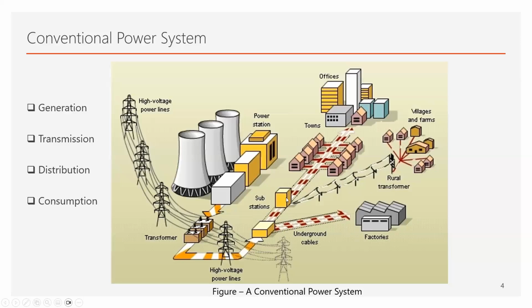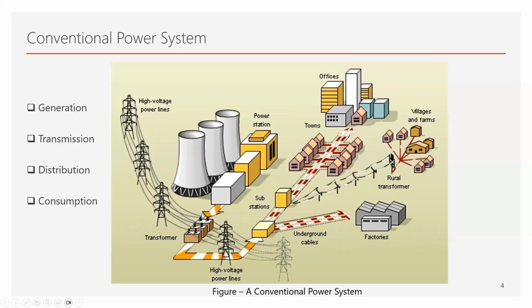From this substation, it delivers power to these residential areas, which are urban residential areas, and these offices. And from here, we carry this power to another distribution line to these rural areas via rural transformers.